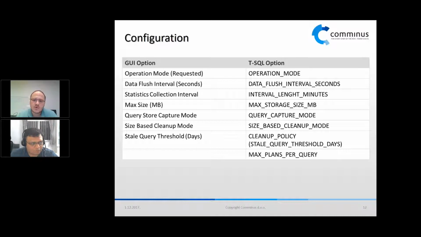Query store capture mode can be all or auto. If set to all, then all queries are captured in the query store. If set to auto, then only significant queries will be captured in the query store. What you probably are asking yourself is, what are significant queries?